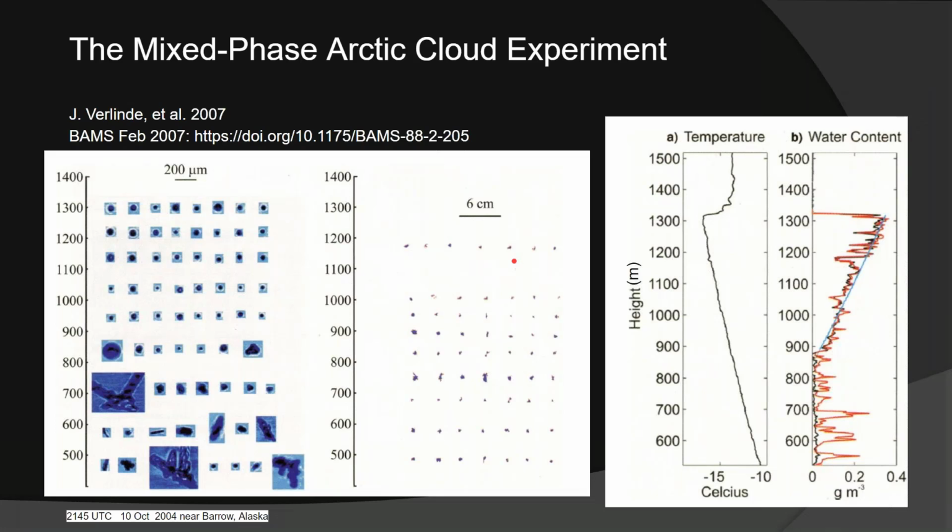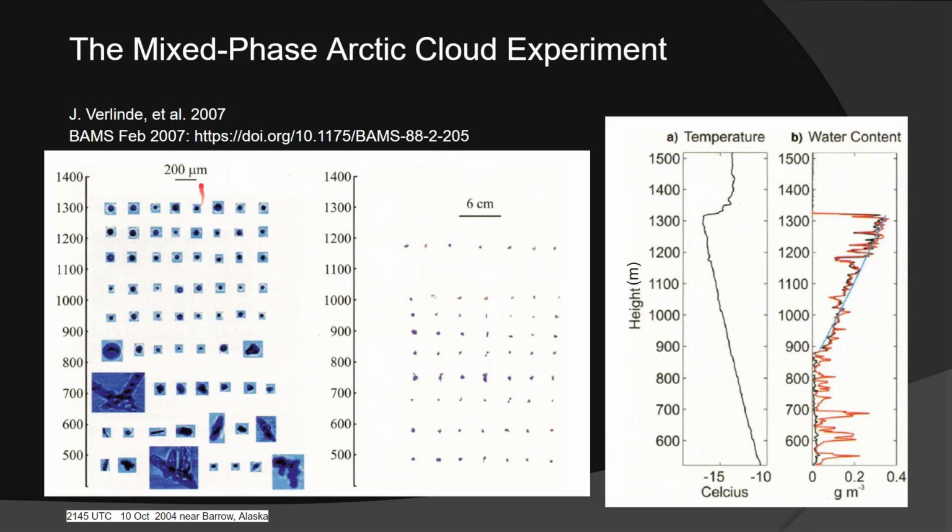So that's just another part of that experiment, another day of sampling in 2004 near Barrow, Alaska. And here's a cloud. They sampled from 500 meters to about 1,300 meters. Two different devices here, one looking at ice crystals, which gives you an idea of the size of the ice crystals. And on the left-hand side, you're looking more at the cloud droplet space.